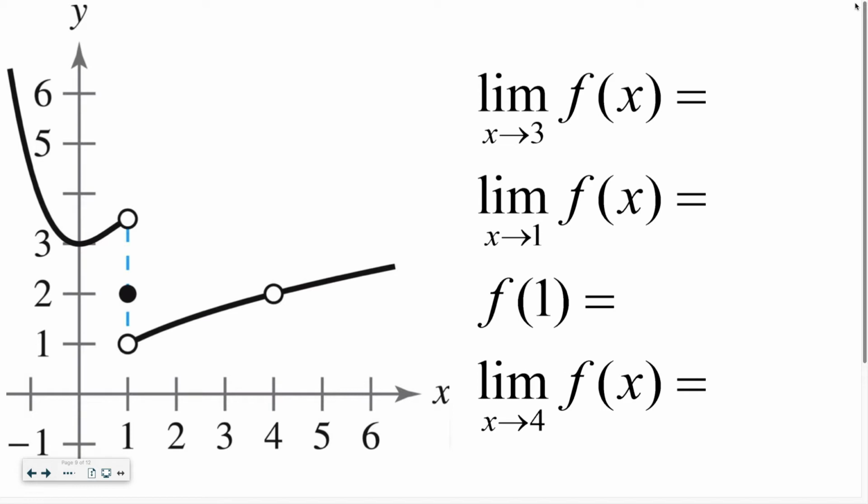How are you getting that? That was so confusing. I'm like, what's a limit? I have a definition. Why is this 2, not from the solid point right there?